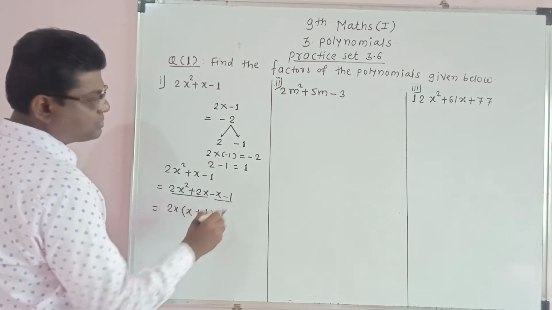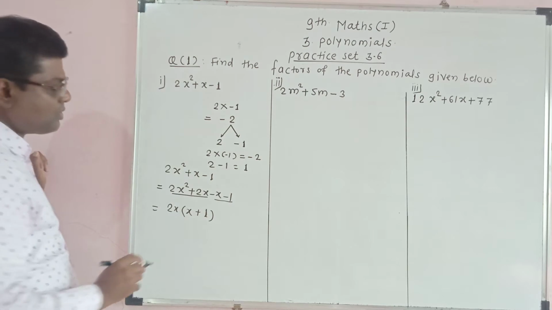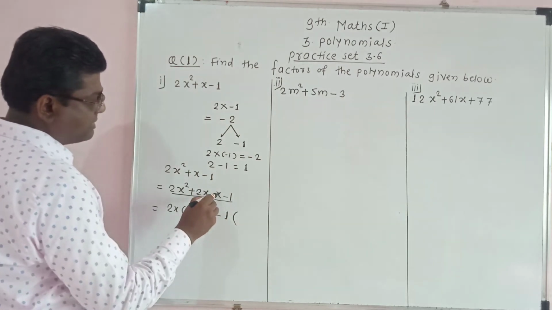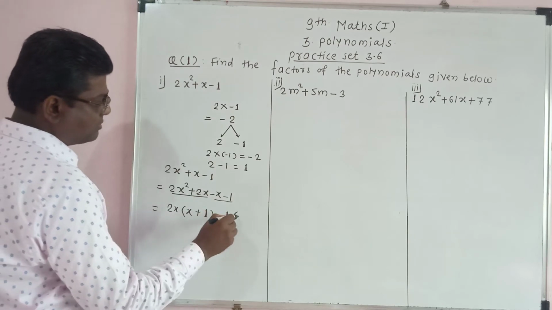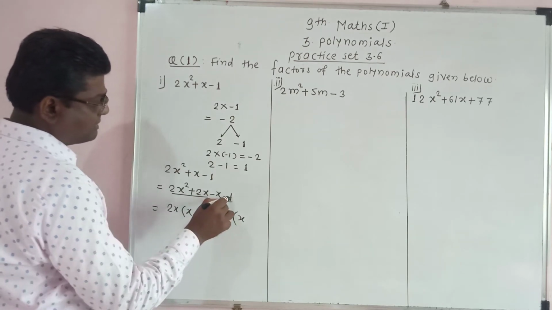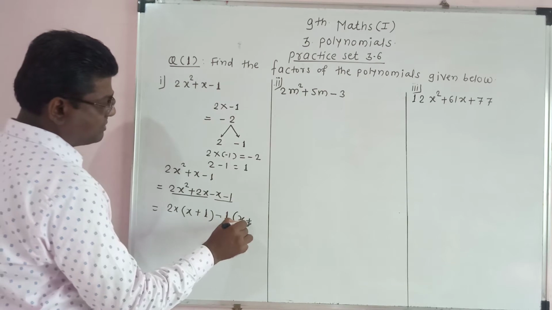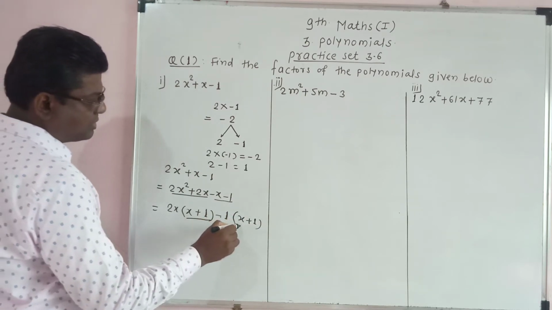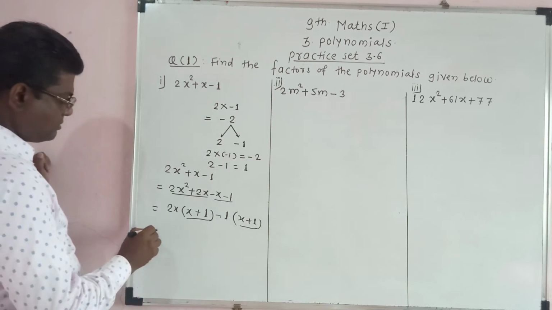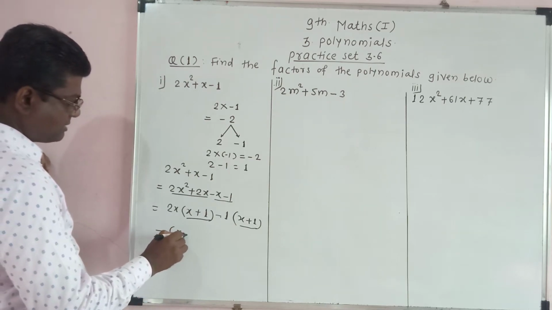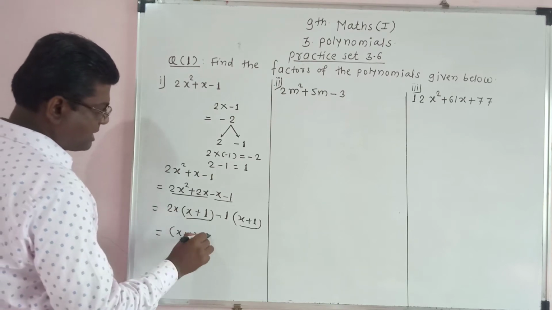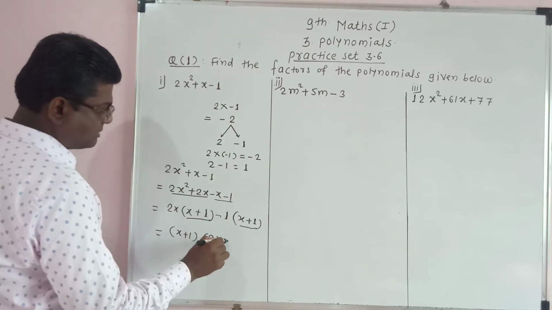Now from these two terms take minus 1 common. Therefore minus 1 in bracket, minus x upon minus 1 will be x and minus 1 upon minus 1 will be plus 1. Now in these two terms we take the common factor x plus 1 and write in another bracket this 2x and this minus 1.